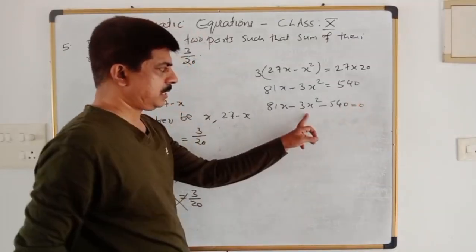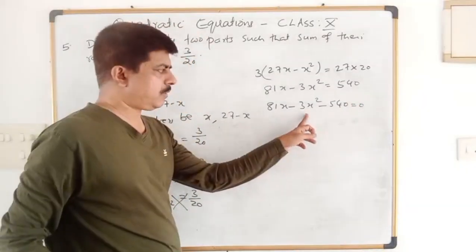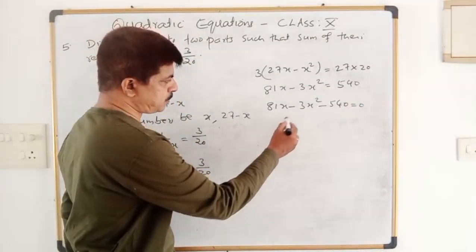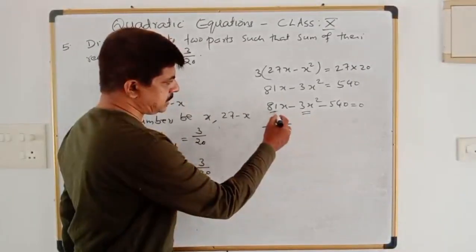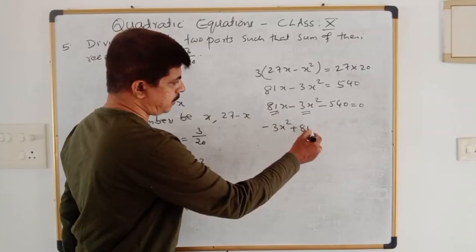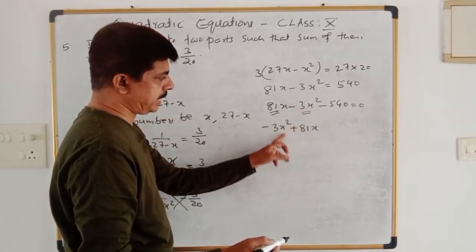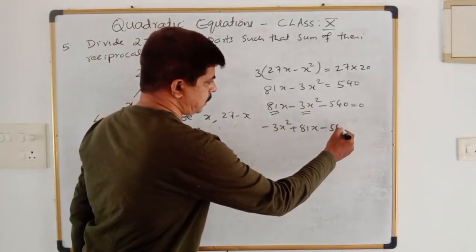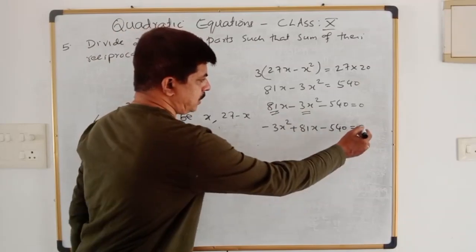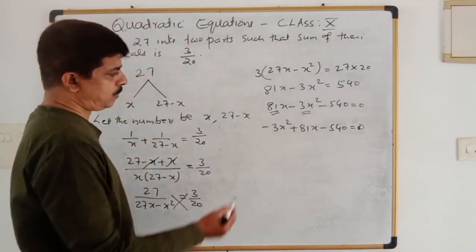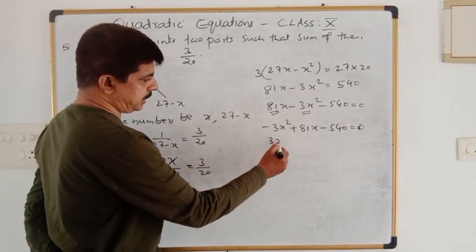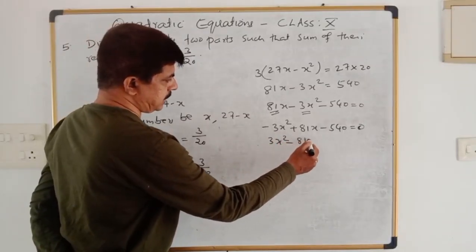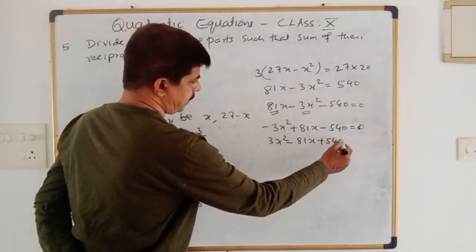So we have to express in the quadratic equation form like x square plus bx plus c. So we rearrange the terms. X square term should be taken first, then x term, minus 540 equal to 0. Normally we change the sign when the first term is negative. So 3x square, change the sign of each term.